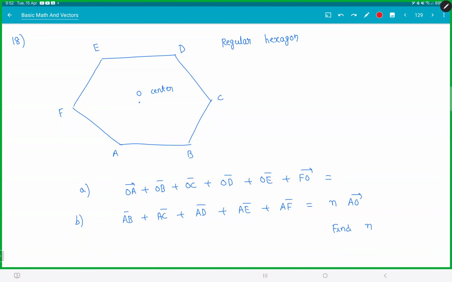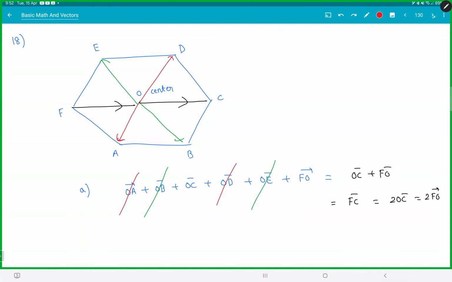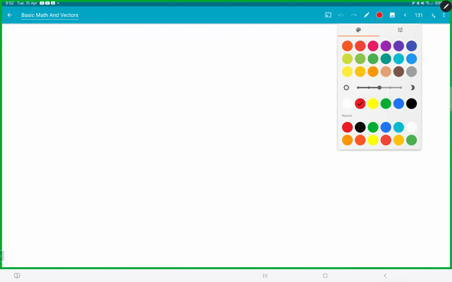Any ideas? See, one, you can do brute force. Actually, you can just get the magnitudes in i cap, j cap, and do it, but there's a better way.